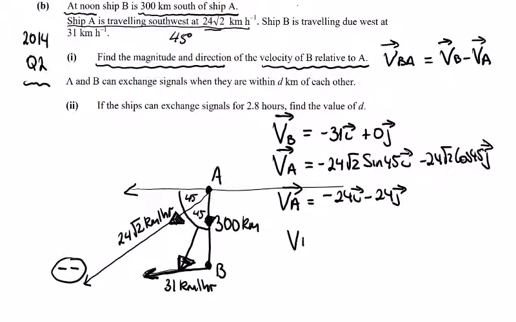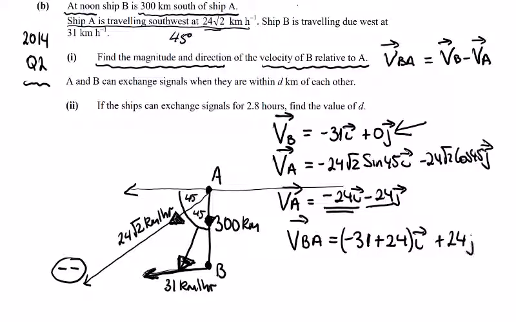So the velocity of B relative to A is going to be the velocity of B. What have we got? We've minus 31, and then I have the minus 24. So it's going to be minus 31 plus 24 in the i direction, and in the j direction it's going to be 0j minus 24 in the j direction, so plus 24 in the j direction.